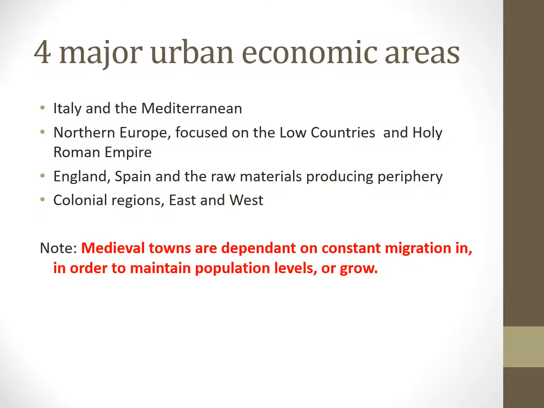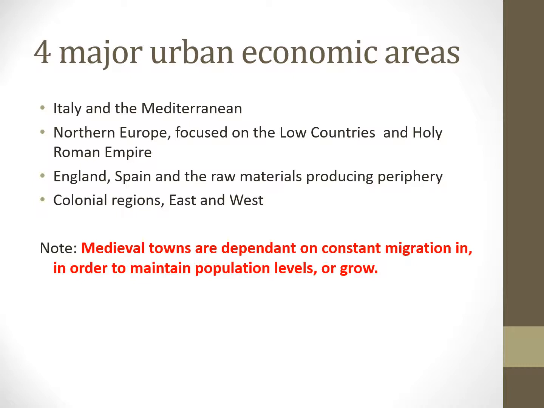In Wales and Ireland, these colonial regions effectively end up collecting raw materials and feeding them into the broader English trade network. And in the east, in Prussia, for example, we see raw materials collected and shipped to the cities of Westphalia in particular, where they're turned into finished products and traded on.